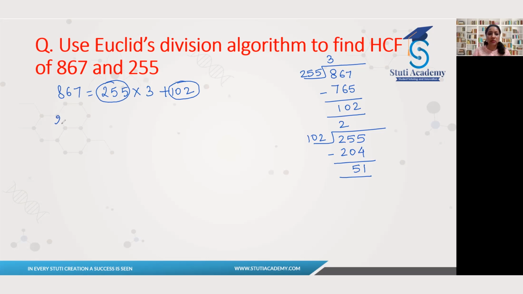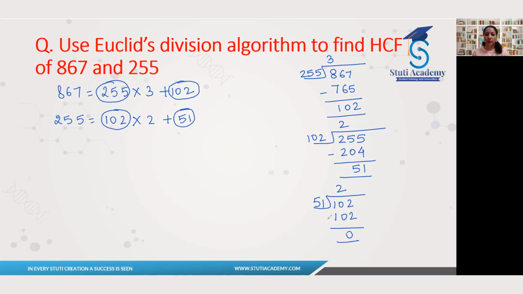So we'll again write dividend is equal to divisor into quotient plus the remainder. Now we again have a non-zero remainder. So we'll divide 102 by 51. This will go 2 times and we'll be left with 102 here and 0 would be the remainder in this case. So we have dividend is equal to divisor into quotient plus remainder.